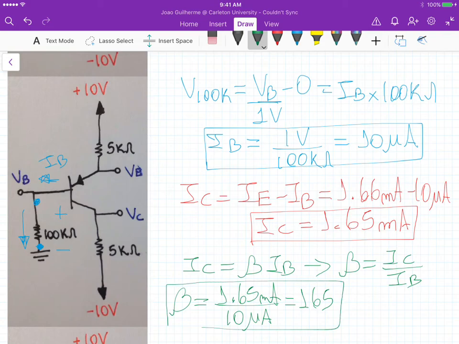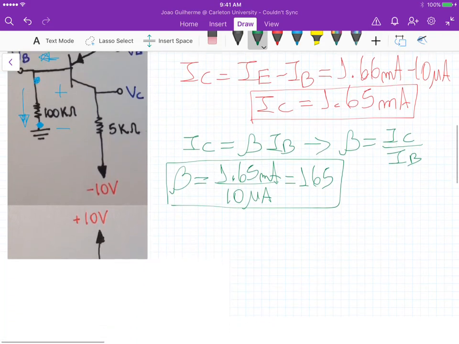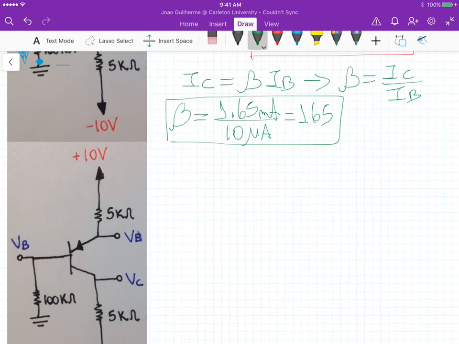So we found the value of beta. Now there's another equation we can use to calculate alpha. Alpha, the common base current gain, is equal to beta divided by beta plus 1. Remember that alpha is always less than 1, because the numerator is always less than the denominator.